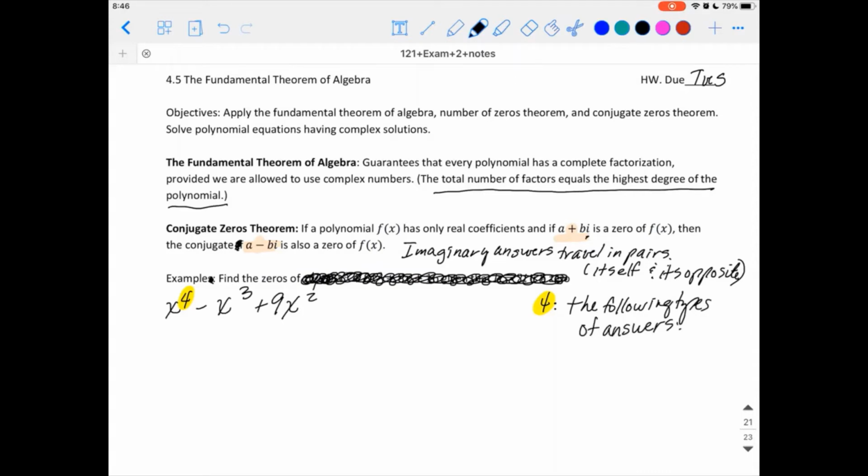All 4 of them can be real. I can have 2 real and 2 imaginary because they total 4.